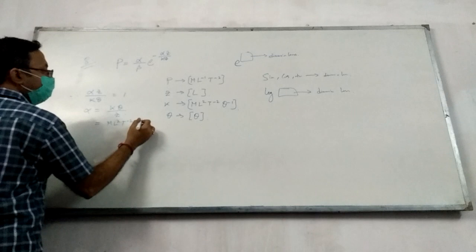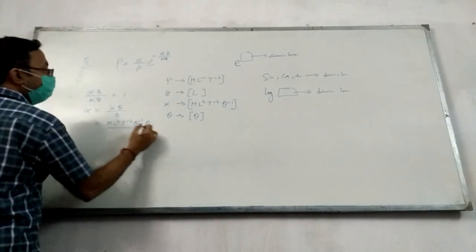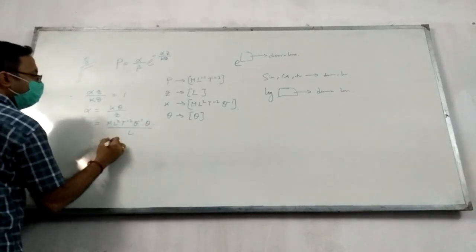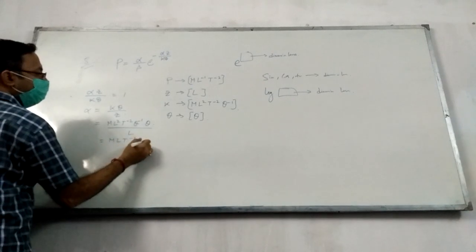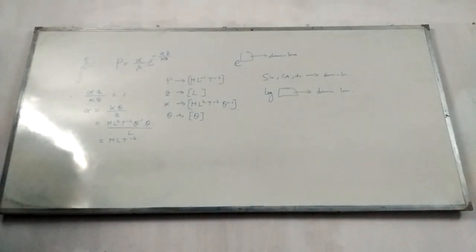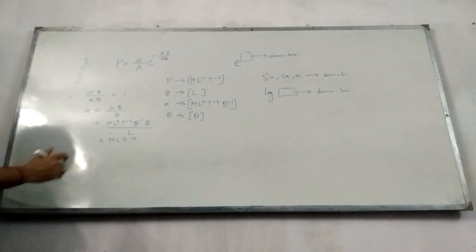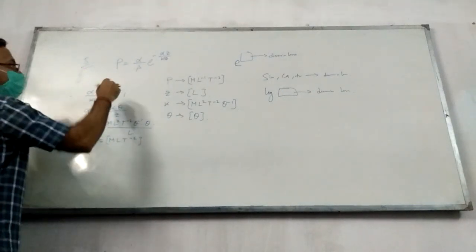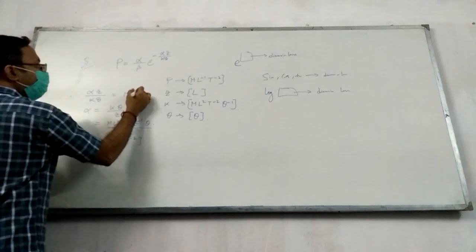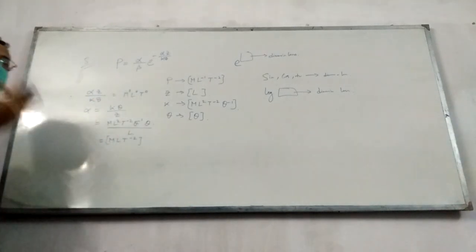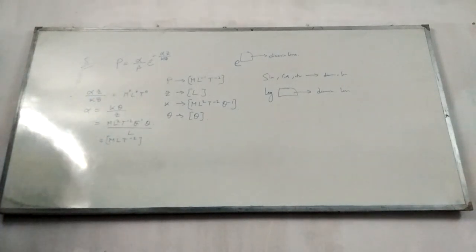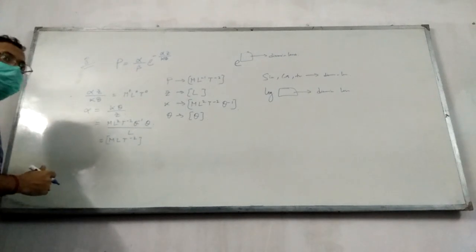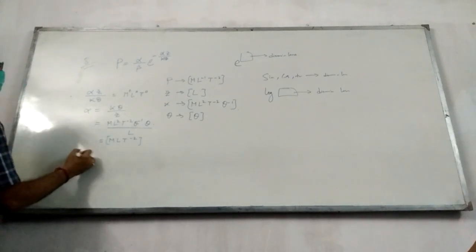Theta to the power minus 1 into theta by z is M, so this will become M L T to the power minus 2, force, right? So the total value is M to the power 0, L to the power 0, T to the power 0, so it becomes 1.